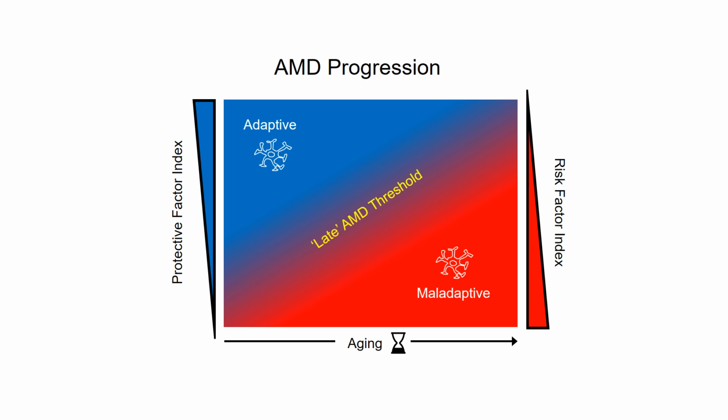Now, potentially what contributes to one versus the other is the microglial response. Can a protective factor index contribute to an adaptive microglial response that in turn maintains normal aging? Whereas in an increased risk factor index, there is an increased maladaptive response, thereby contributing to disease onset and progression.